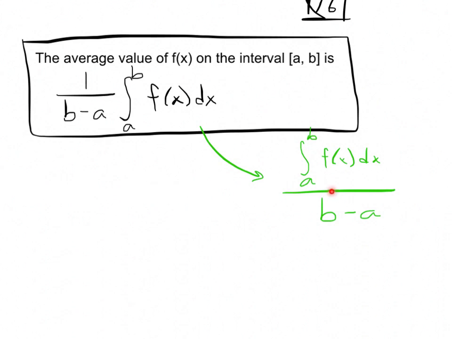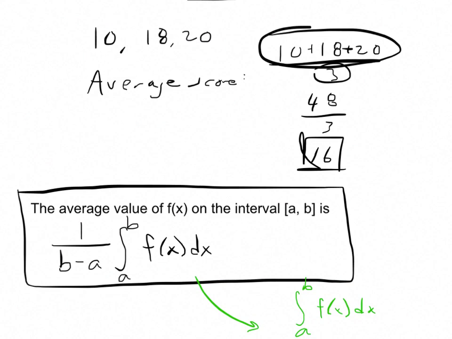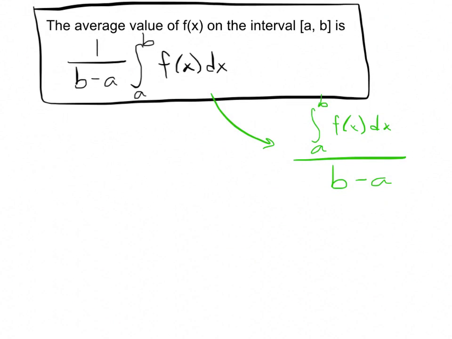And then here, I'm just dividing by how long is the interval that I'm going to add up rectangles for. So the point I really want to get across is the average that we all know and love from before, that you just add things up, divide by the number of terms, is effectively the same thing that's being done with the average value of a function. With that said, I'm going to dive right into an example of this thing.